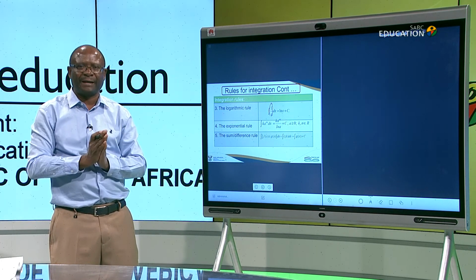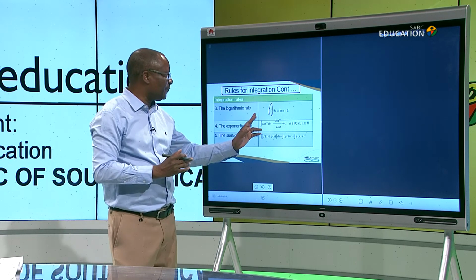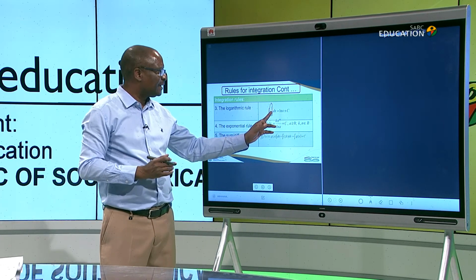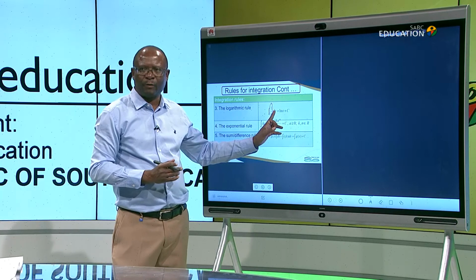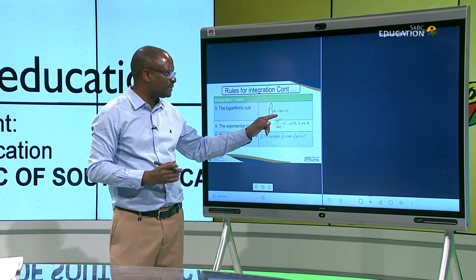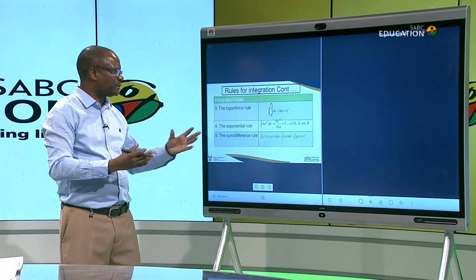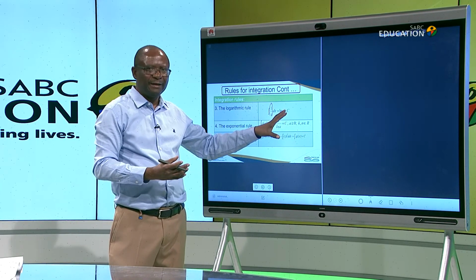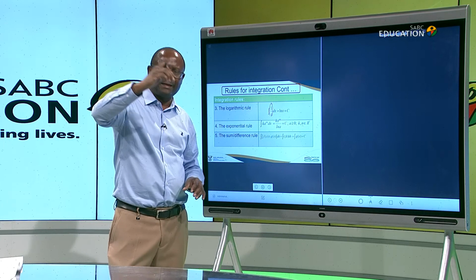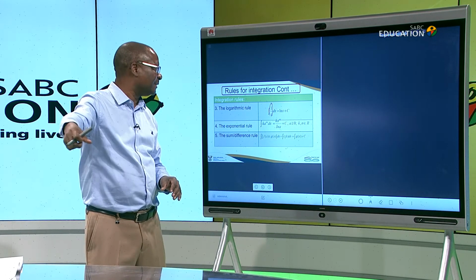In that case, if you have the integral of 1 over x, then this will be equal to ln x, the logarithm, plus the arbitrary constant c.